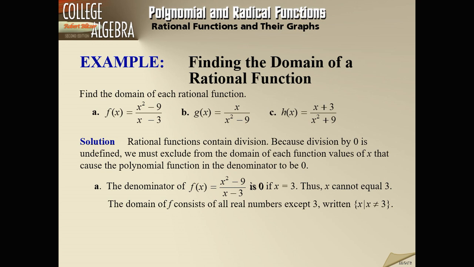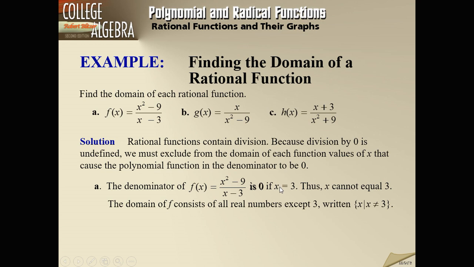So, ang sabi dito, kapag yung value ng x ay magiging 0 yung function natin or yung polynomial natin sa denominator, ay kailangan nating i-disregard as a domain. For example, itong letter A ulit, the denominator of f of x equal to x squared minus 9 over x minus 3 is 0 if x is equal to 3.